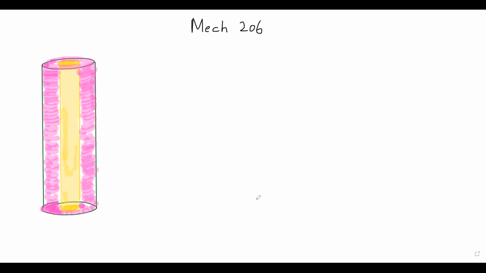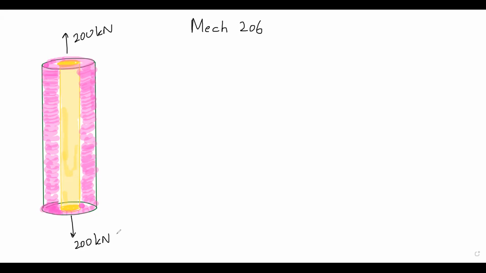Okay. The question says, if an axial force of 200 kilonewton is applied to the assembly, you can put compressive or tensile, it's entirely up to you. 200 kilonewton is applied to the assembly by means of rigid end plates.